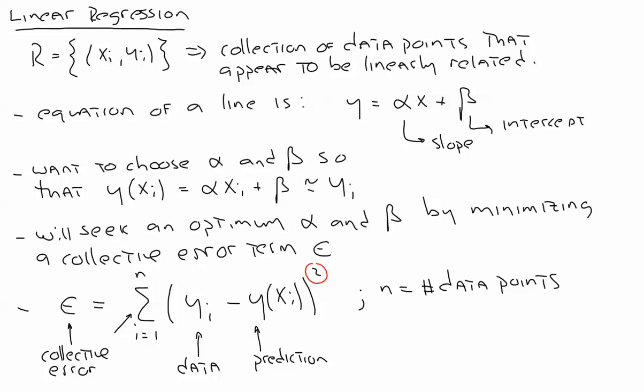That's hard to take a derivative of. If I square everything, however, it makes all of the errors positive. So that power of 2 there makes the errors at each data point positive, and it allows me to take a derivative easily.